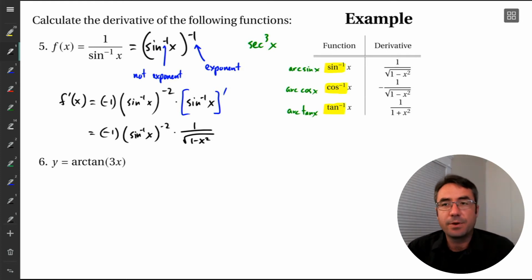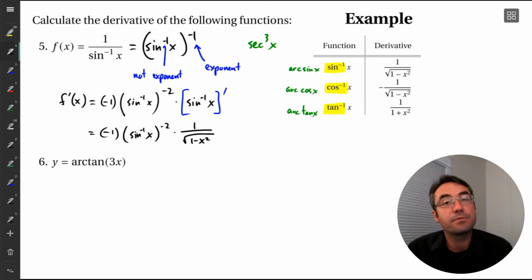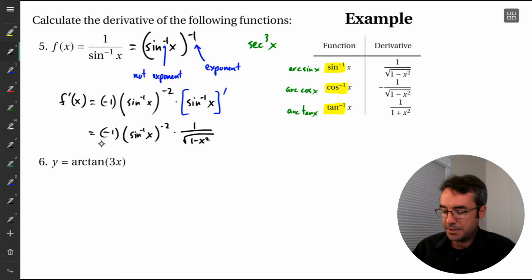And there we go, we have our derivative. So maybe the notation gets in the way a little bit on this one, but we made it through. There are ways you can clean this up. You can turn this back into a fraction, so it could be 1 over inverse sine squared. But this is perfectly good. All right, let's try another one.